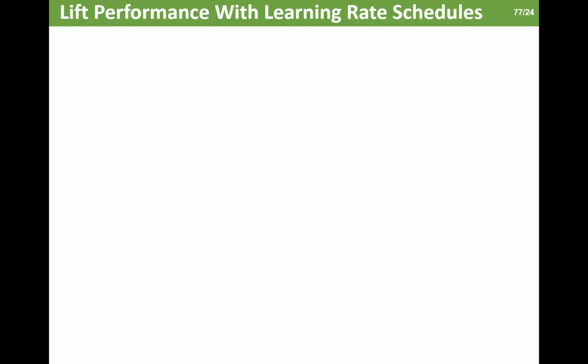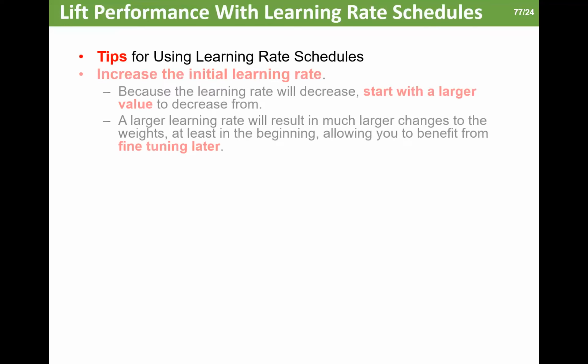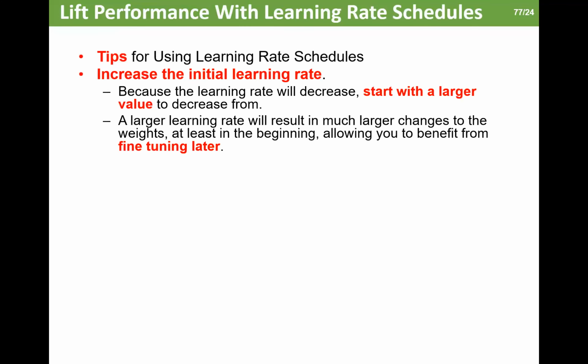Ways to lift your performance. Tips for using learning rate schedules. Increase the initial learning rate. We've been using this Adam optimizer. I think the A of Adam stands for adaptive, which means that the learning rate will change accordingly.